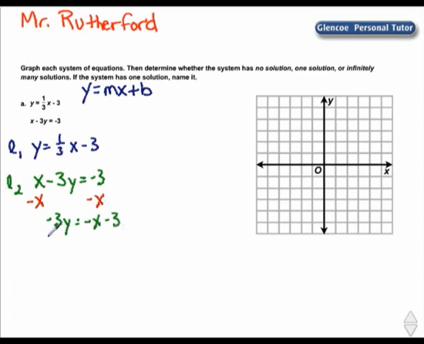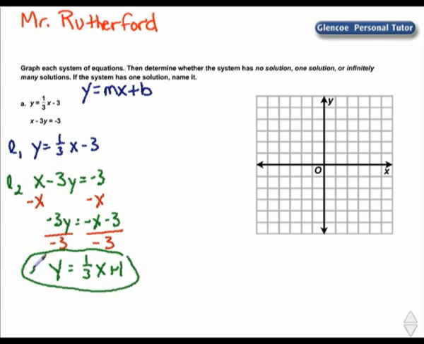Then I'll divide both sides of our equation by -3. And so I'm left with y equals 1/3 x plus 1. So this line 2 has a slope also of 1/3 and a y-intercept of 1.